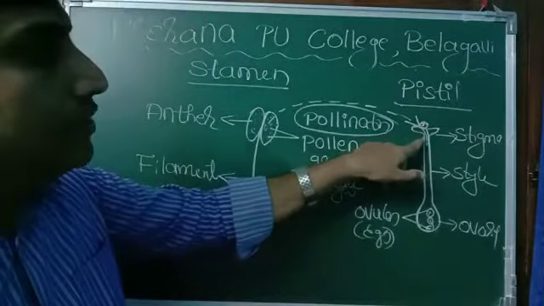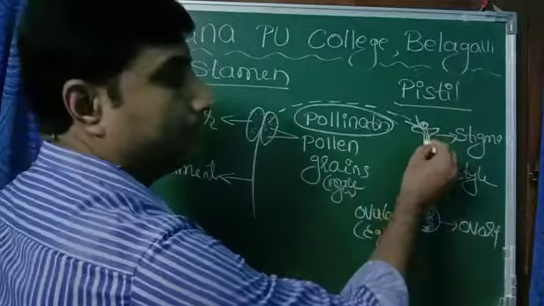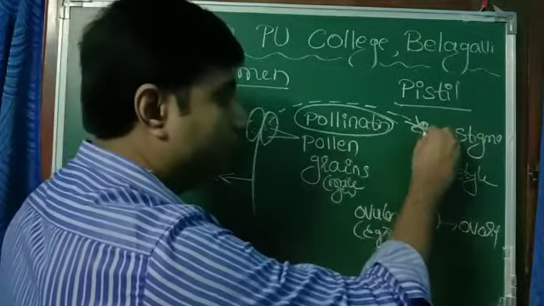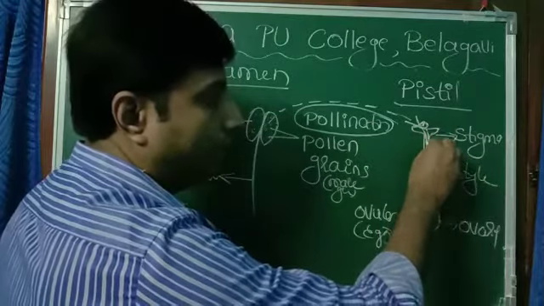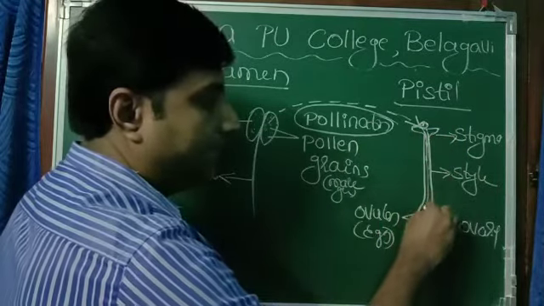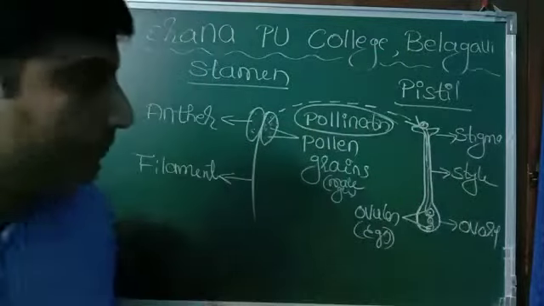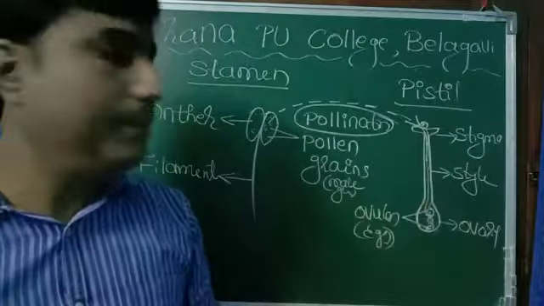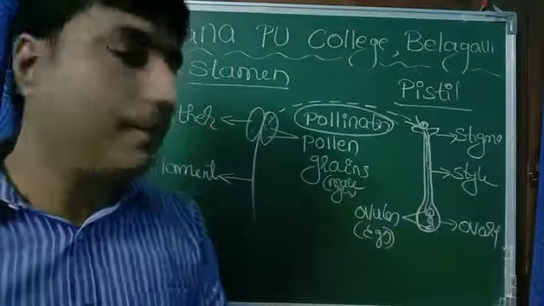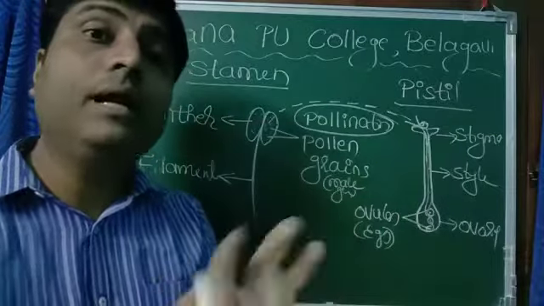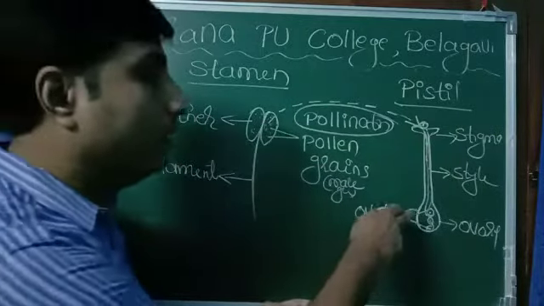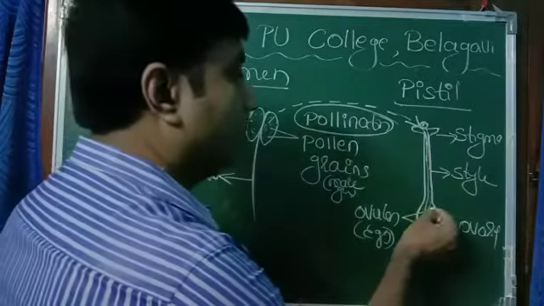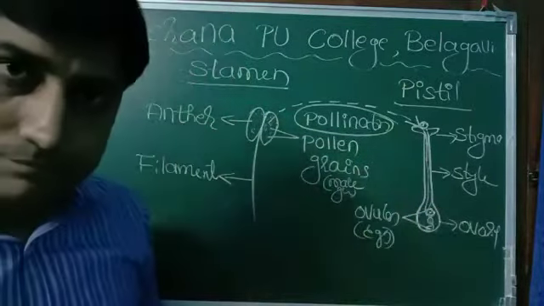The germination tube, called the pollen tube, extends down along the style and enters the ovule. The tube contains the male gamete, and the ovule contains the female gamete. Inside the ovule, the male and female gametes fuse together, that is, fertilization takes place to form the zygote.